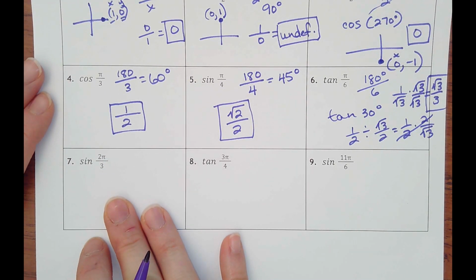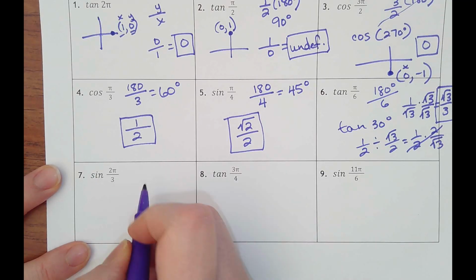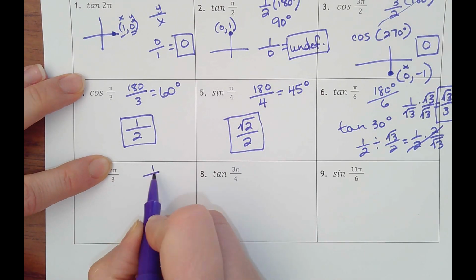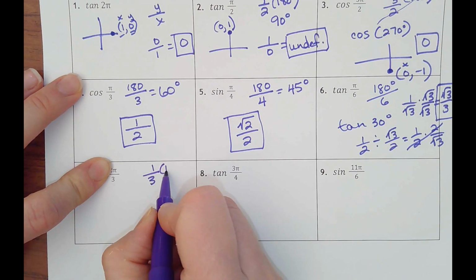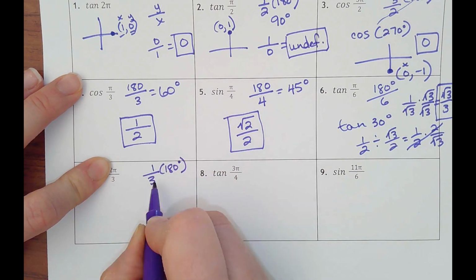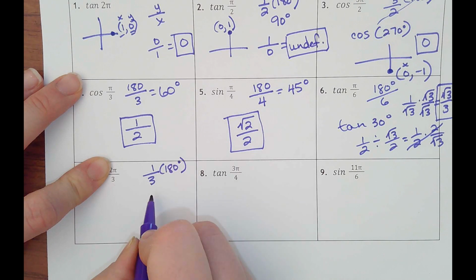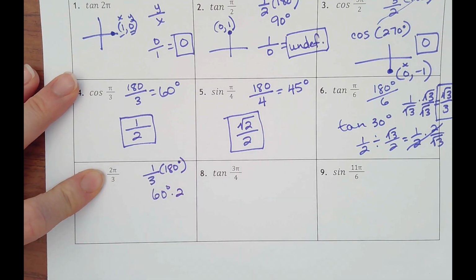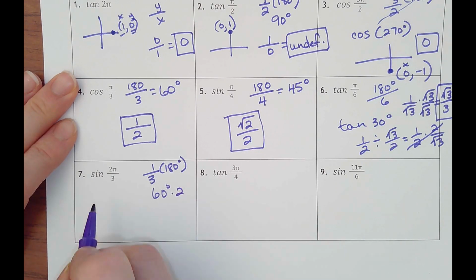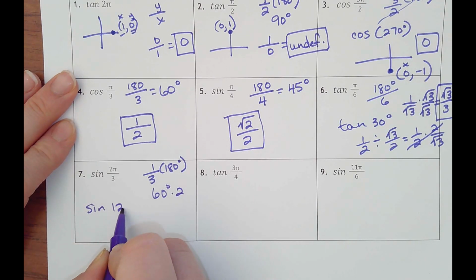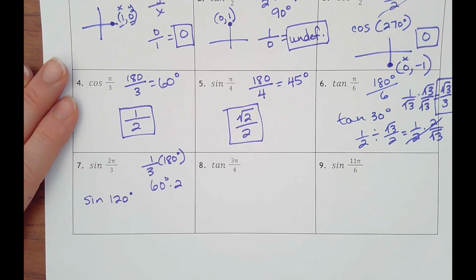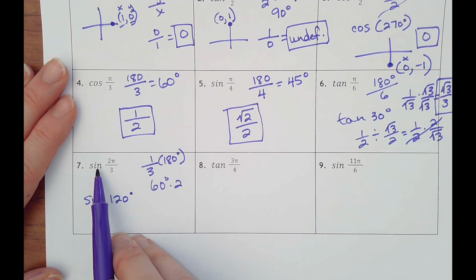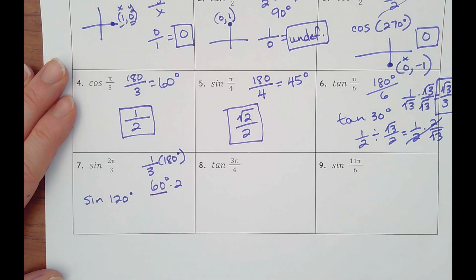So number 7 is sine of 2 pi over 3. Think about, ignoring the 2, what's a third of pi of 180? We said that was 180 divided by 3, that's 60. We want 2 of those thirds, so that would be 120 degrees. Okay, but what I can really think about is still sine of 60.